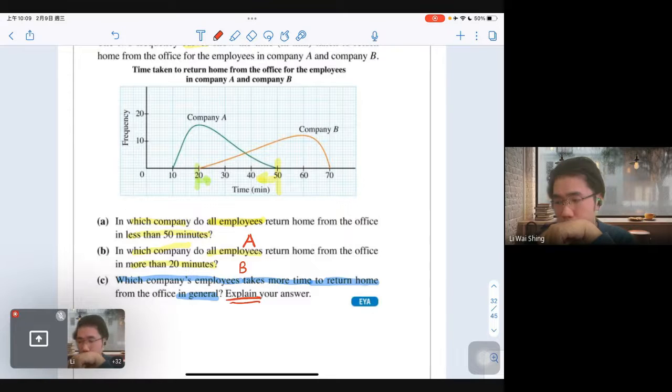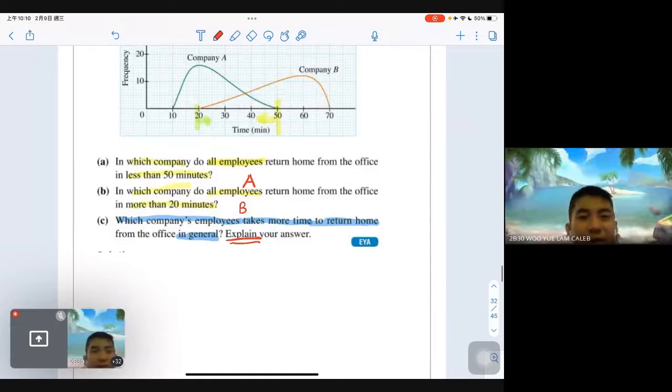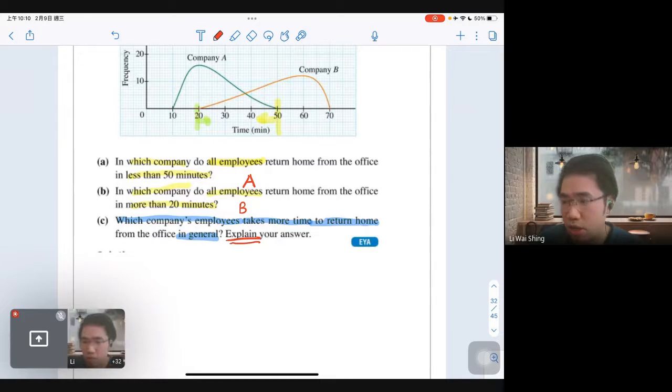OK? So obviously, you know the answer. But please explain. Use some wording to explain. Okay, so maybe I ask Caleb. Takes more time. Which one?